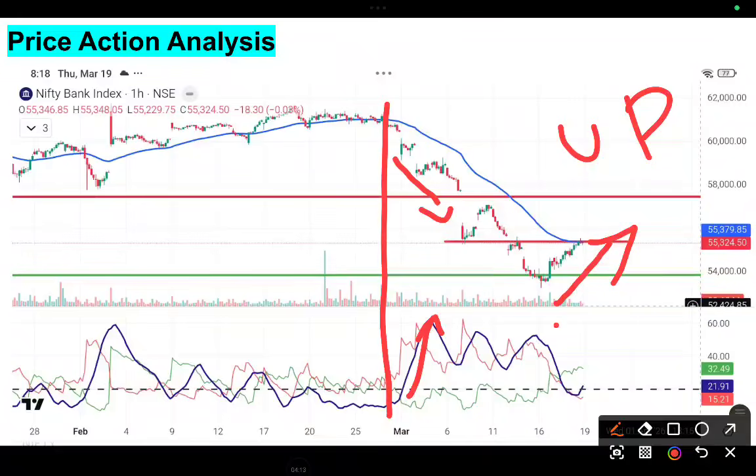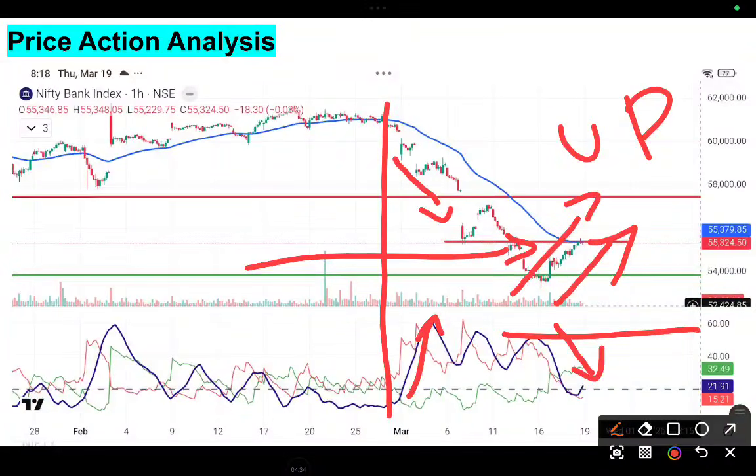But if you see the ADX, it was inching towards the weak zone. You can see from 50 it was going towards 20. So what does that mean? This trend, which was an uptrend, was a fake trend.